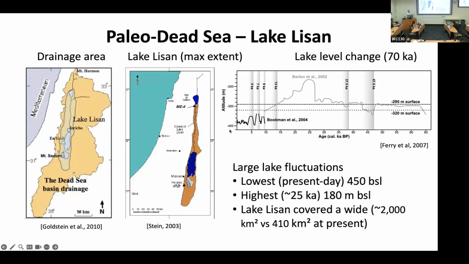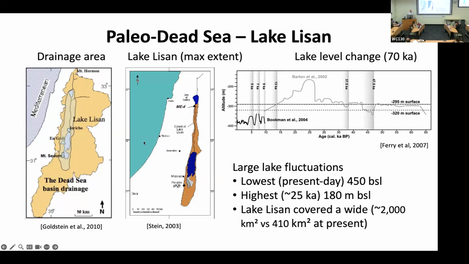And so this is called the Lisan Lake. So this is the Dead Sea drainage area. You mentioned that it's a terminal drainage. There's no access to the Mediterranean, so all the water actually reaches over here.